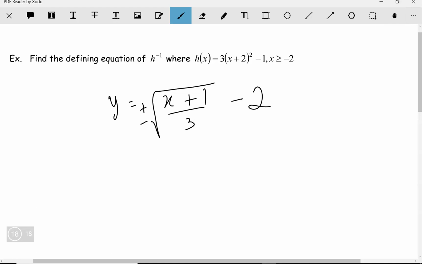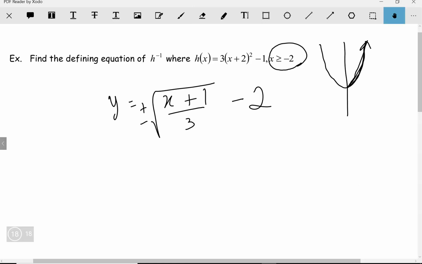So this is our h inverse, but we have a restriction on the domain here so that x is greater than or equal to -2. If you want to think about our parabola, the domain is restricted to the right half of the parabola.